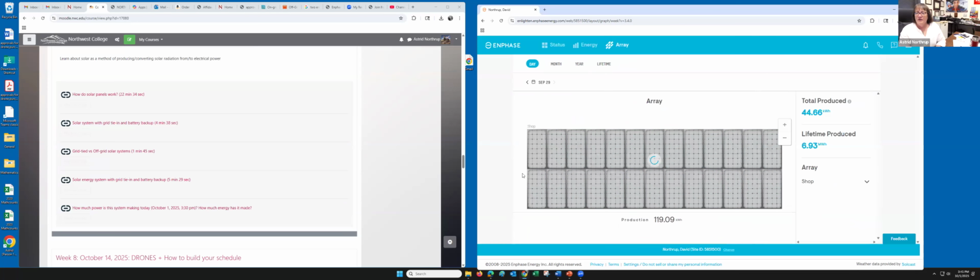Now, like I showed you, I had taken my drone and taken some pictures of the array, but this is a schematic, or just a picture of the array itself, 26 panels, and it talks about what my production is in kilowatt hours. And once again, that's energy, not power.